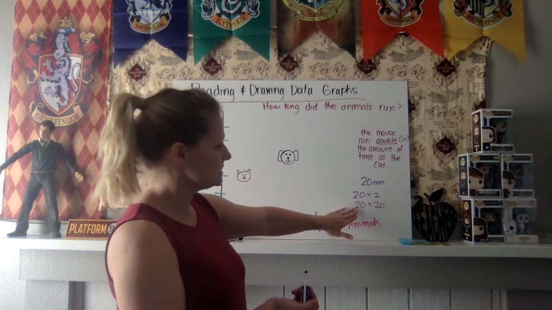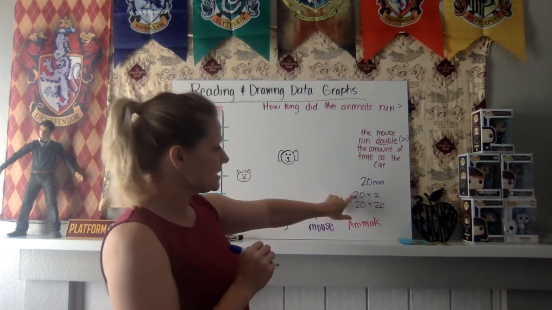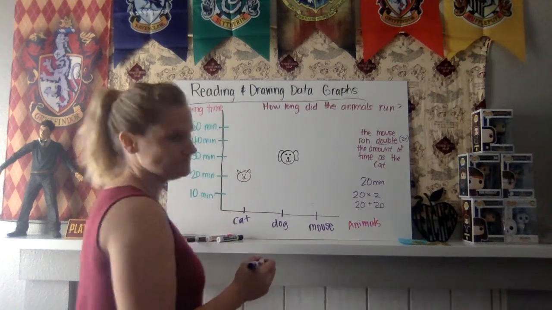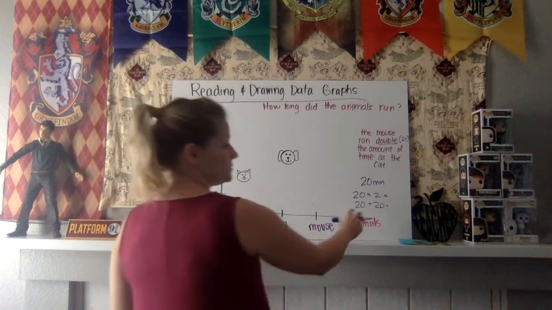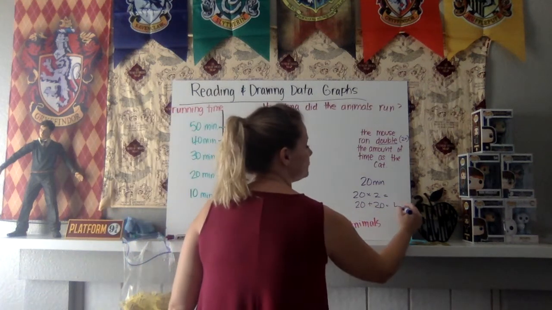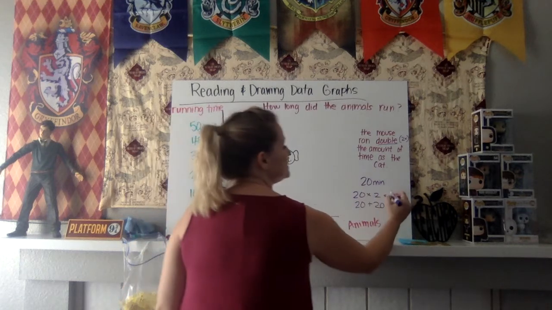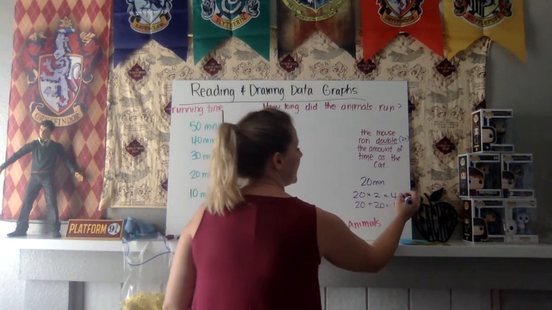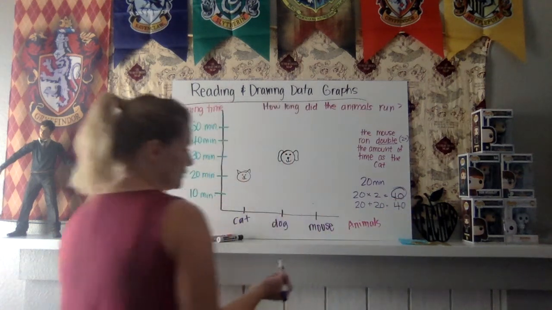So if you add something together by itself 2 times, that is the exact same thing as taking the number and multiplying it by 2. So, 20 plus 20 is 40, okay? 2 times 2 is 4, and then we add our 0. So, the mouse ran for 40 minutes.